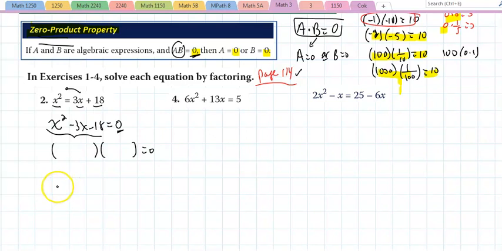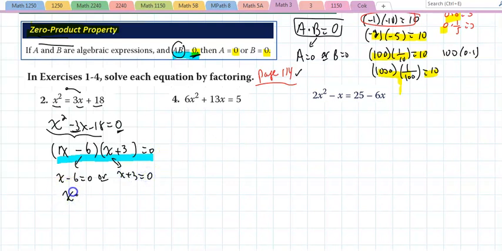So we said x and x. The closest factors of 18 are 6 and 3. If I want a negative 3, negative 6 plus 3. Do you see now that this right here matches this right here? What that says, then, is either x minus 6 will equal 0, or x plus 3 will equal 0.